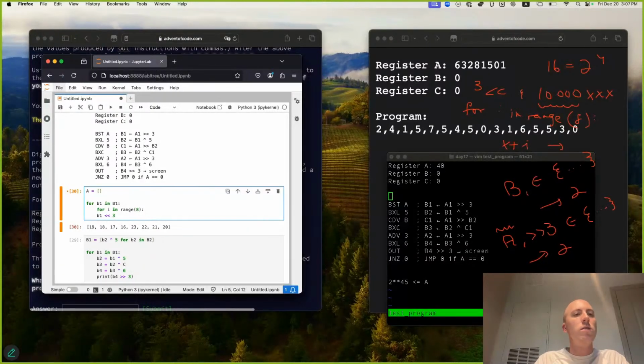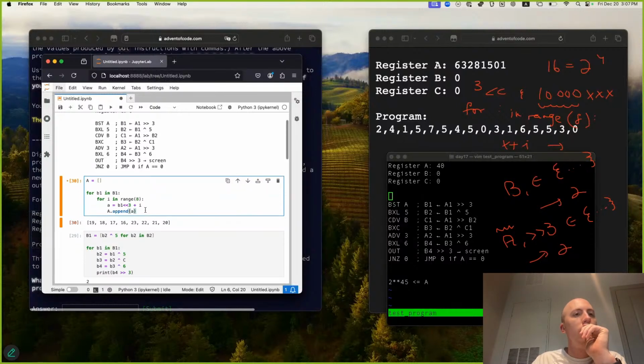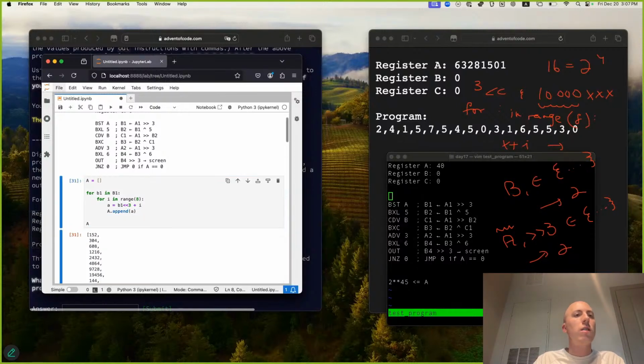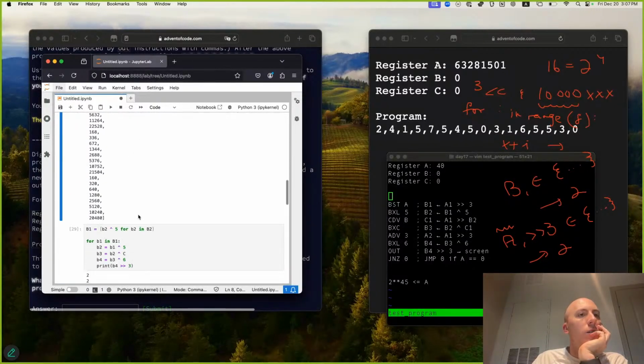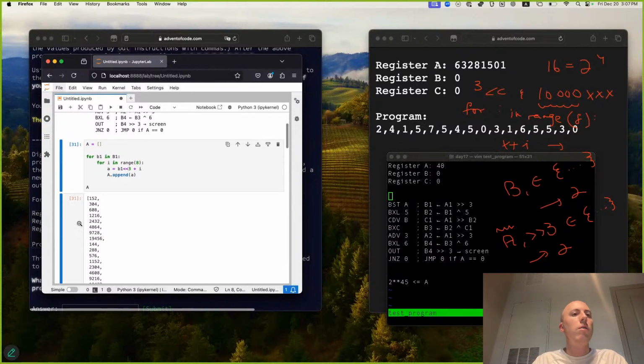And so we say it's shifted by 3 plus I. I guess this is going to be like an element of A here. And let's say A dot append A. I feel like that should work. So all these numbers, yeah, we'll give you 2.